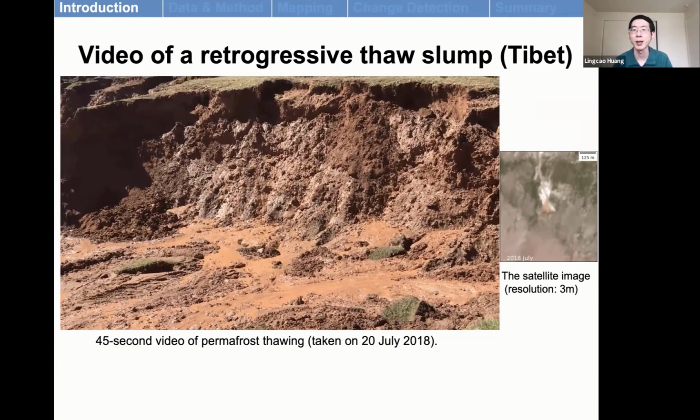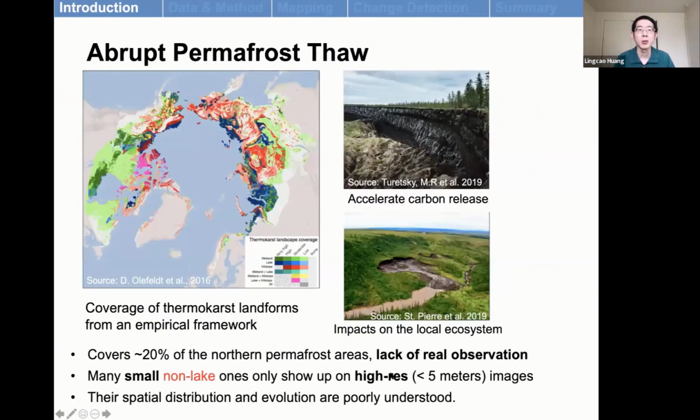If you go to the field, you can directly see the thawing process. So this slide I want to show the impact of this abrupt permafrost thaw. On the left is a figure from a paper published in 2016.